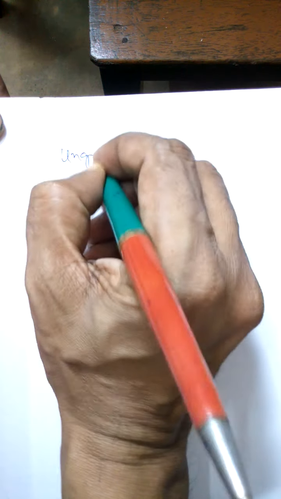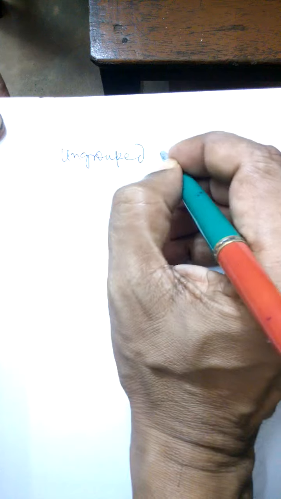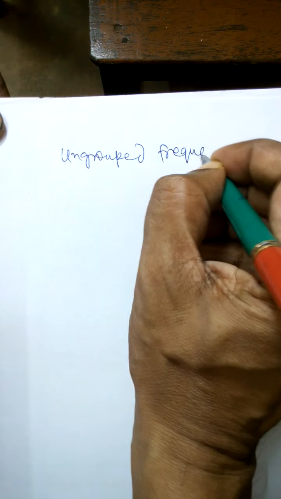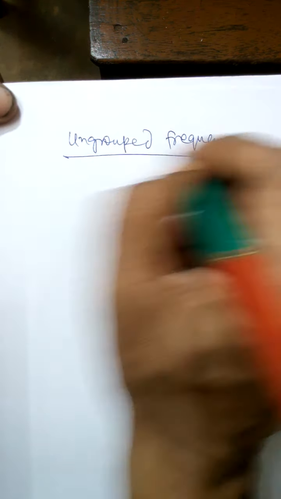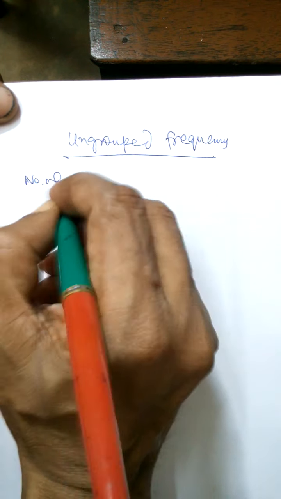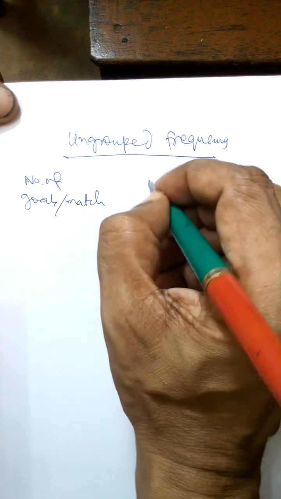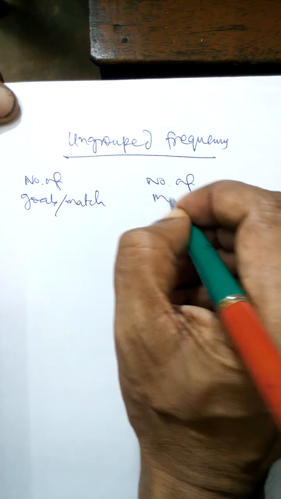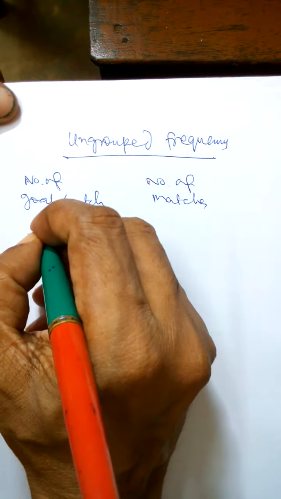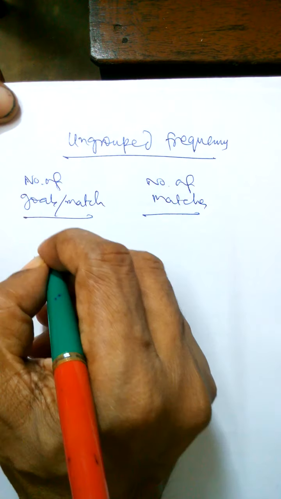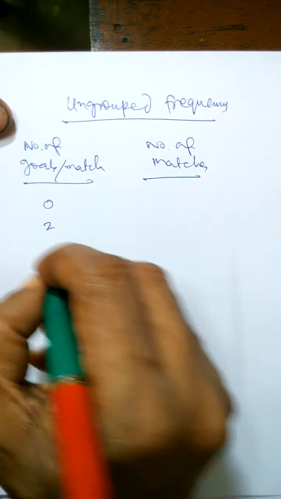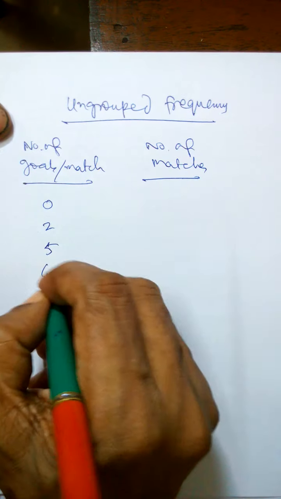Ungrouped frequency means the data are given in isolated form, like number of goals per match and number of matches. Number of goals: 0, 2, 5, 6.